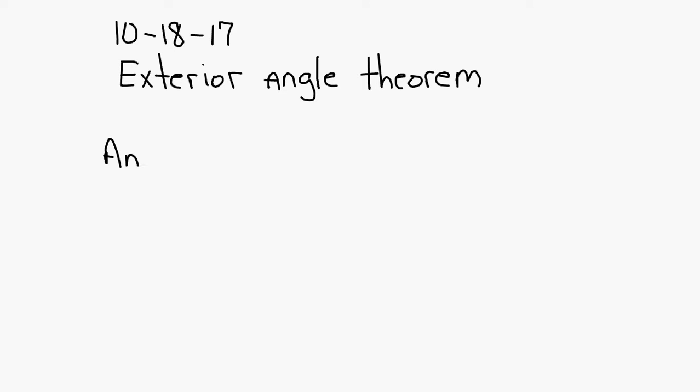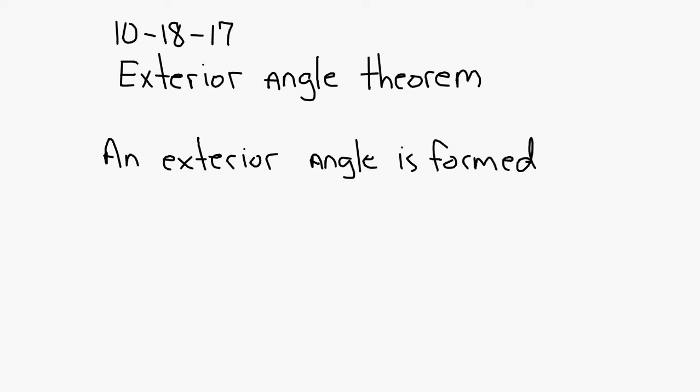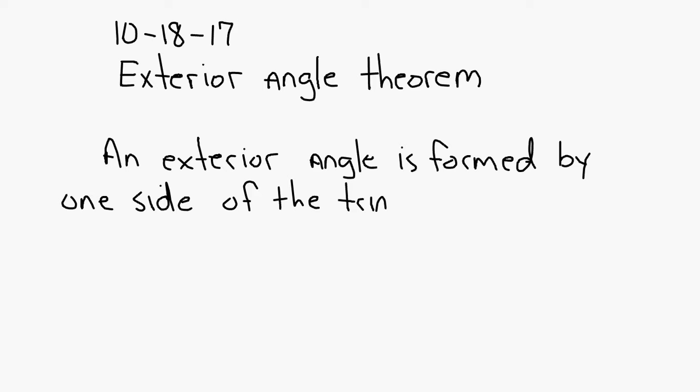An exterior angle is formed by one side of the triangle and the extension of an adjacent side.